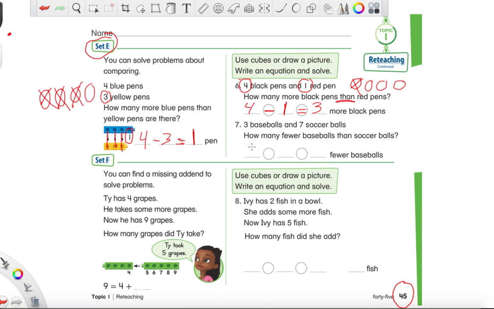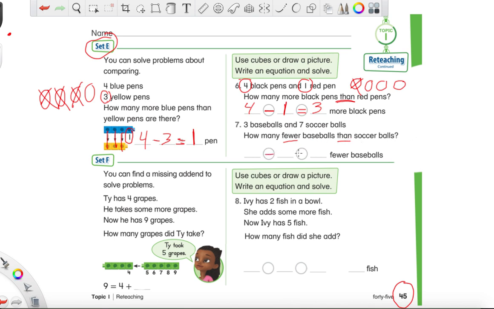All right, I'm going to read number 7 for you, but I'm not going to solve this one for you. I'm going to check your work at the end of class. We have 3 baseballs and 7 soccer balls. How many fewer baseballs than soccer balls? The words "fewer than" mean we are going to subtract.